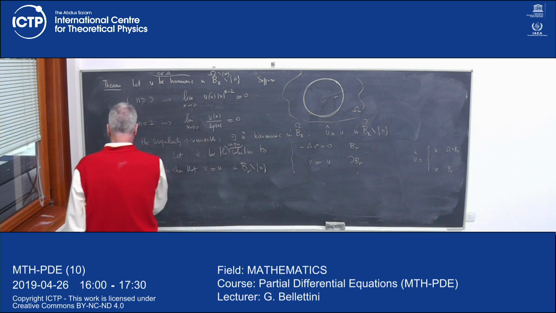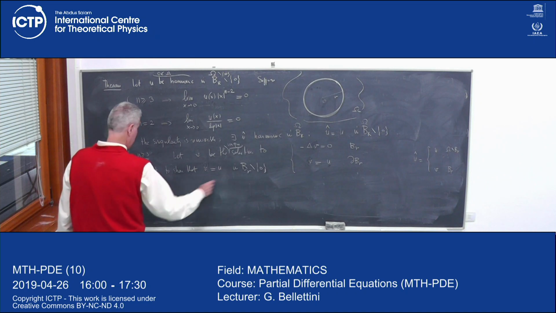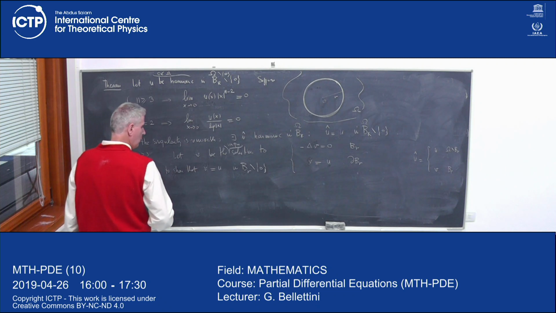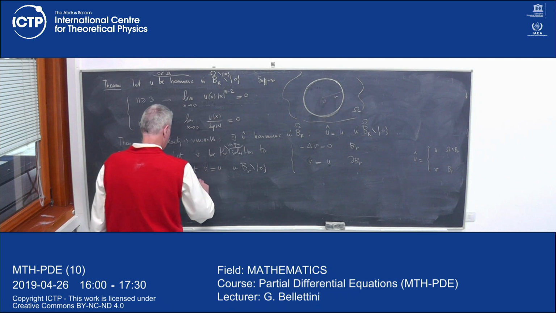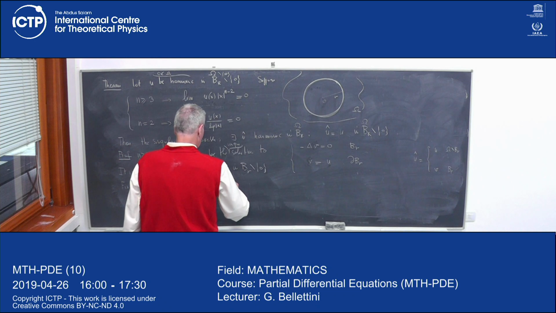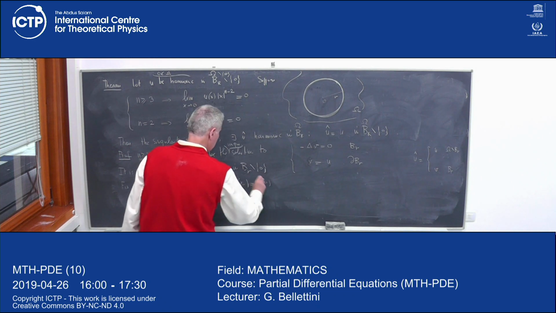So, fix x naught here. We have to show that v of x naught is equal to u of x naught.